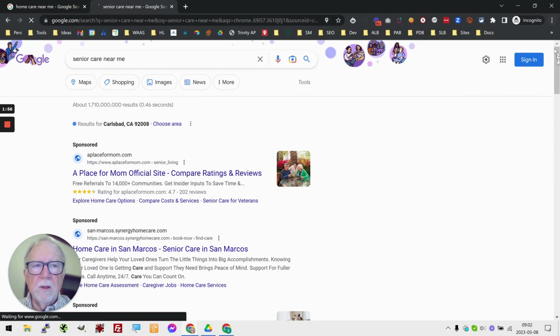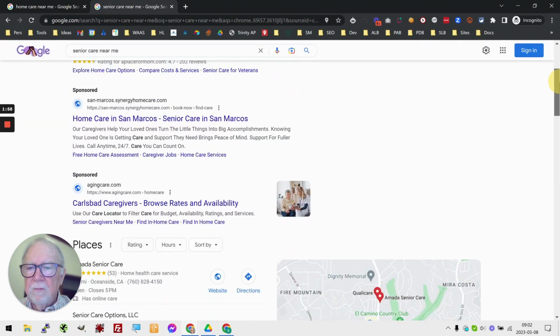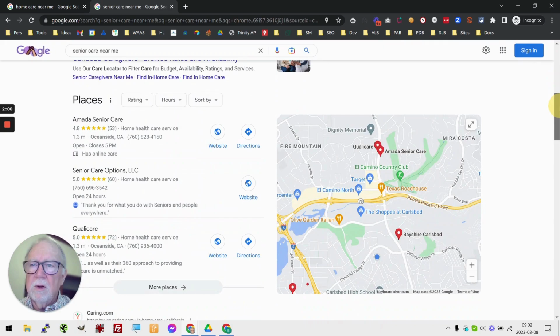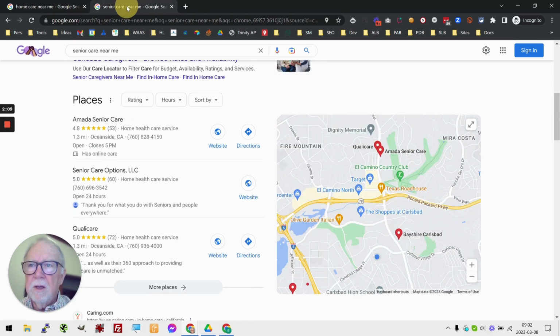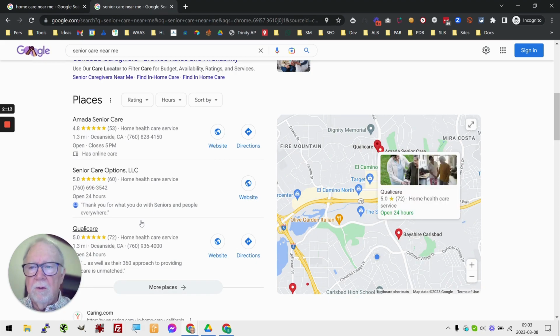Okay, so again, we have the ads, first of all, and then we have a new places or local pack. And notice that there are some different companies here. In the first one, we had Qualicare, Amada, and Heritage. In the second one, we have Amada Senior Care Options and Qualicare.